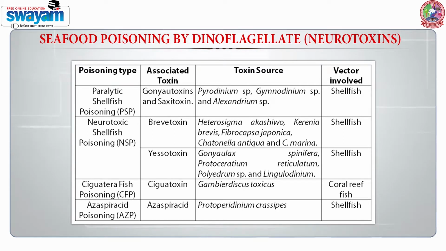Different seafood poisoning syndromes occur following ingestion of seafood contaminated with dinoflagellate toxins. Neurotoxic shellfish poisoning, paralytic shellfish poisoning, ciguatera fish poisoning, diarrhetic shellfish poisoning, and amnesic shellfish poisoning are some examples. Most of these toxins are hepatotoxins or neurotoxins, depending on their clinical symptoms.